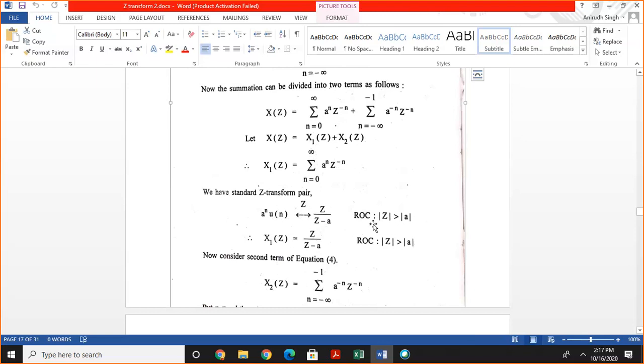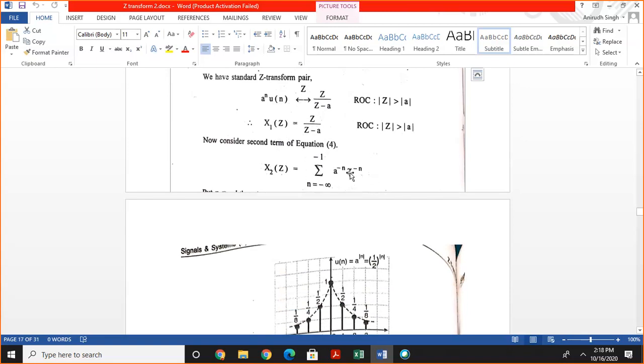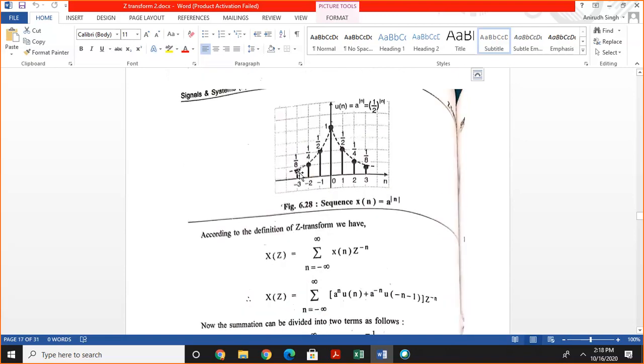So X1 of z is z divided by z minus a, and the ROC is absolute value of z greater than absolute value of a. And for this term, this is the anticausal sequence.